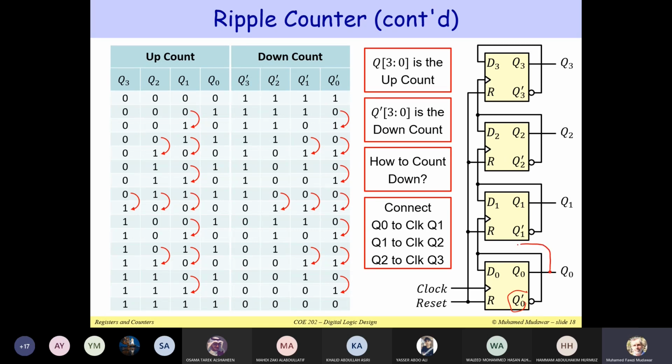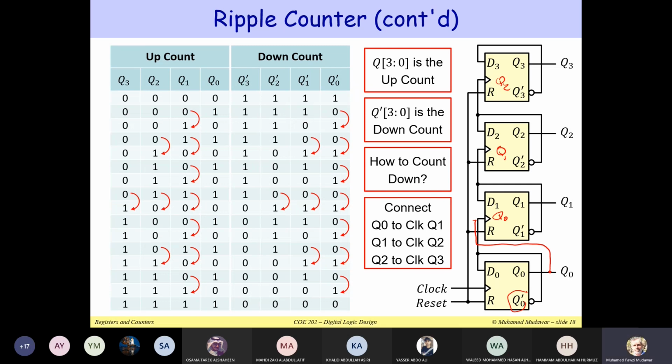Take this from Q0 and connect it. So we have Q0 here, Q1 here, and Q2. If you do it like this, the outputs of these flip-flops are going to be decremented every cycle. So Q will be decremented and Q prime will be incremented. Basically we can reverse the order of the counting in the ripple counter.